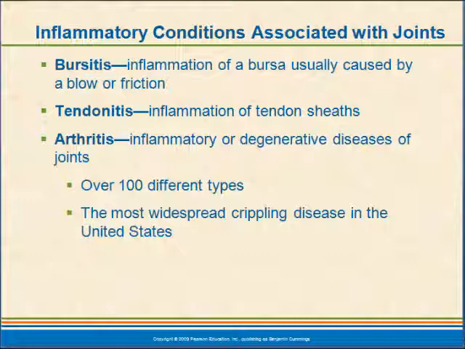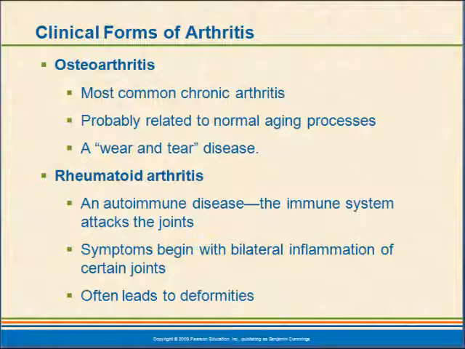And then we'll talk also about arthritis, which is an inflammatory or degenerative disease of joints, and there are over 100 different types, but there are just a few that seem to impact us most. This is one of the most widespread and crippling diseases in the United States, and it comes in basically three major types.